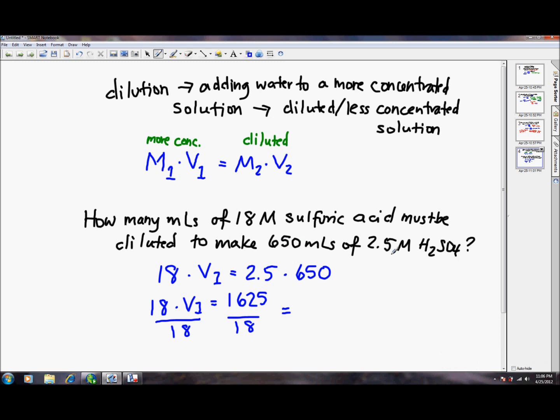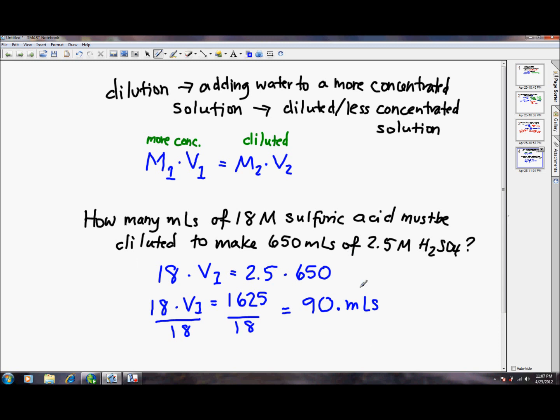Okay, 2 sig figs. So 1625 divided by 18 is 90.2. How do we make 90.2 have two significant figures? I leave the decimal point on the end. So that makes this 0 significant. So 90. mL, not 90.0, that'd be 3 sig figs.